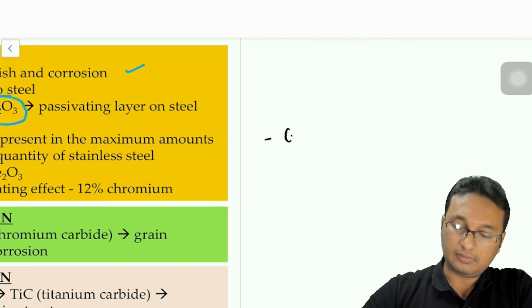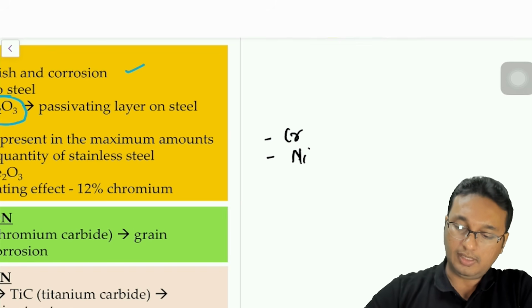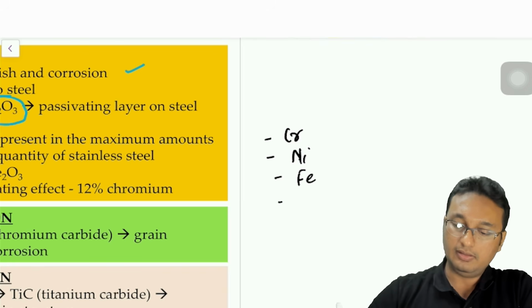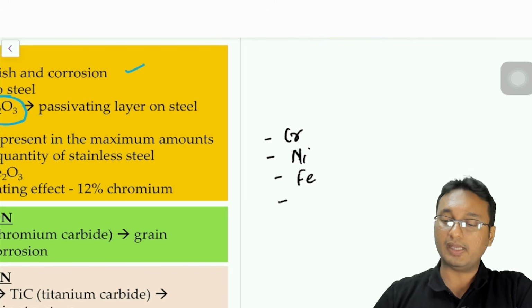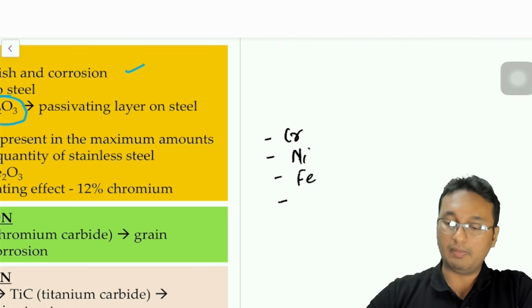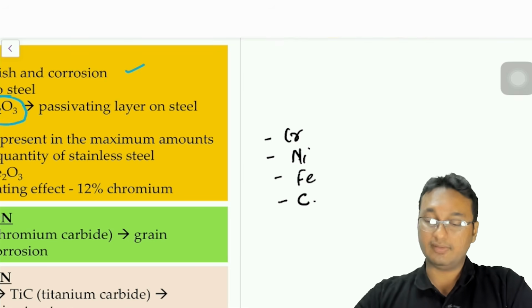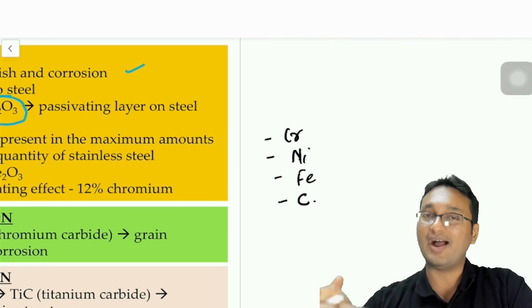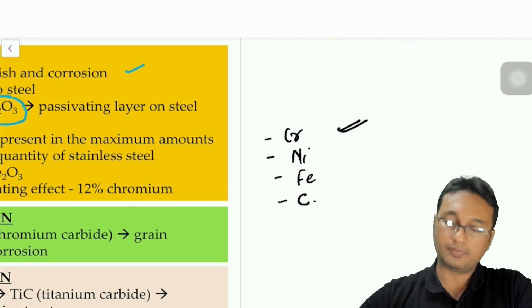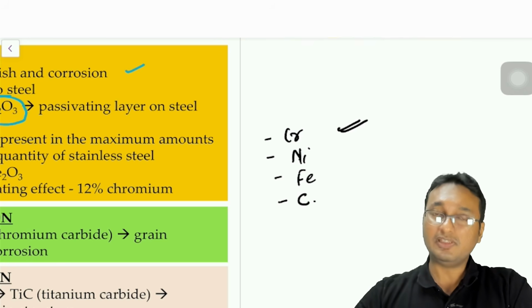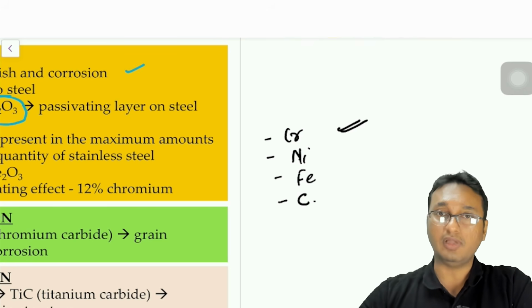Options are chromium, nickel, iron, or carbon. Which of the following elements is present in the highest quantity? I have seen many people marking chromium. It's absolutely false. It's a blunder if you do that.